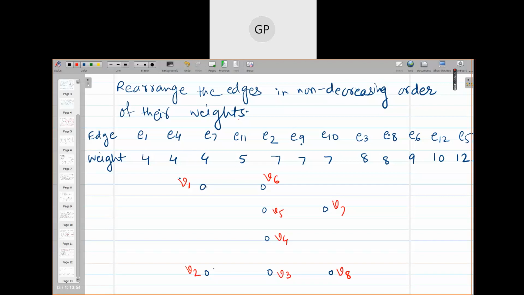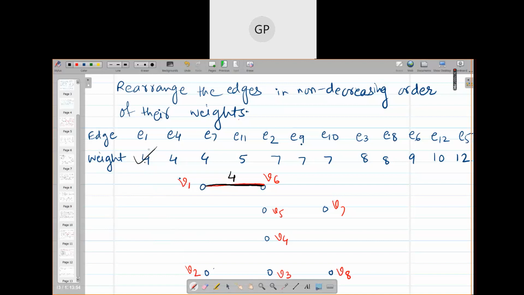So let us start from E1. Can we include E1? Yes, we can. So I am including edge E1 with the weight 4, and putting a tick mark here. You can put a tick mark anywhere you want, in between or on the number.